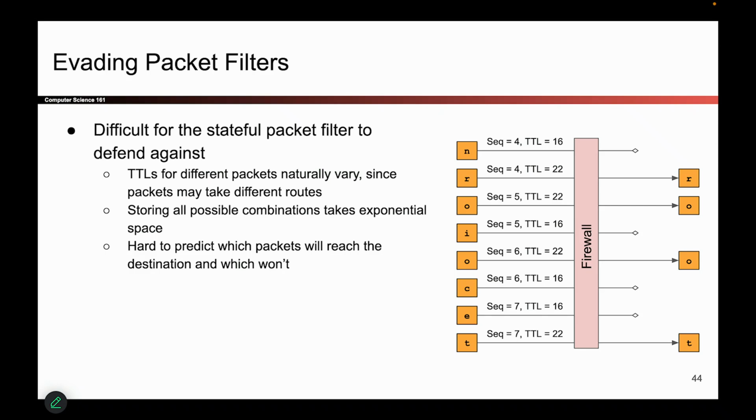It might not get through all of those in time. And the firewall could also try and predict which of these packets will reach the server, but that's pretty hard too. So basically, to make a long story short, this is an attack that the firewall will have a pretty hard time defending against. Even if it's stateful and reconstructing TCP connections, attackers can still try and evade the firewall.